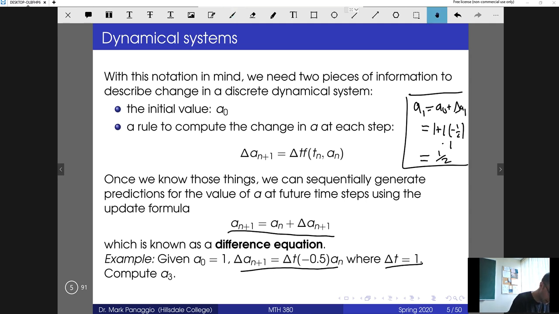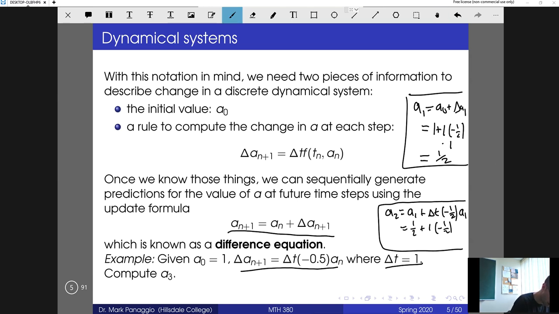And we could apply that to the next time step. So a2 is going to be a1 plus delta t times negative 1/2 times a1. And plugging that in, we'll have 1/2 plus 1 times negative 1/2 times 1/2. And so a1 was 1/2, and that'd be 1/2 minus 1/4.